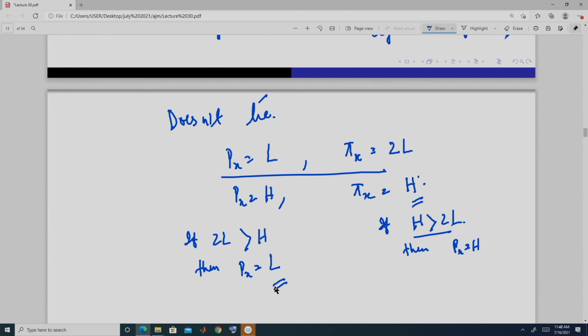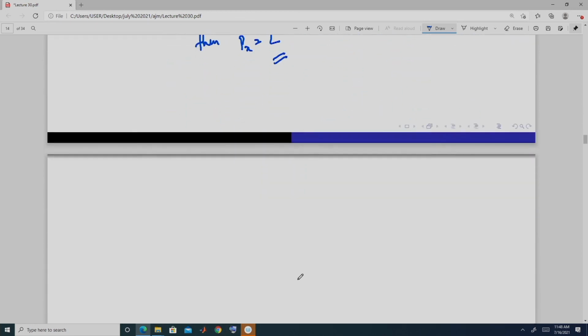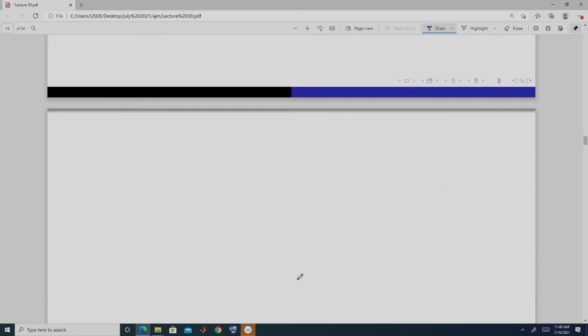Similarly, for good Y also. If Py is equal to L, then the profit from Y is 2L. If Py is equal to H, then only consumer 2 buys, so it is H only.